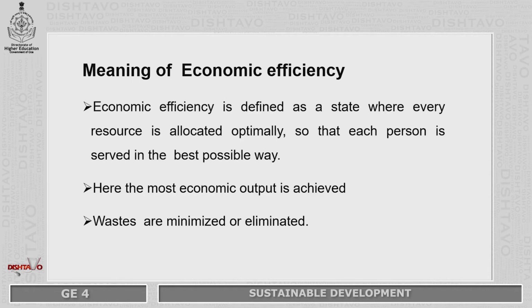Economic efficiency is defined as a state where every resource is allocated optimally so that each person is served in the best possible way. Here the most economic output is achieved and wastes are minimized. For example, there are two companies, company A and company B, both producing bikes.